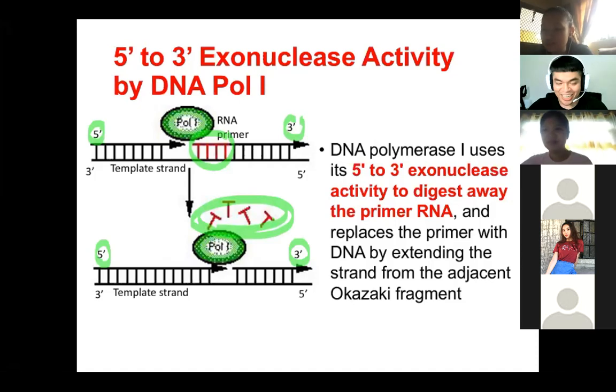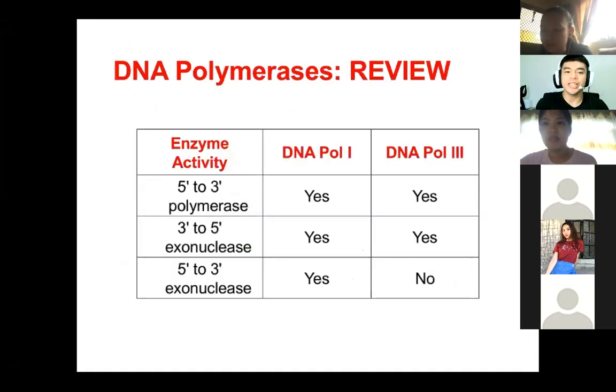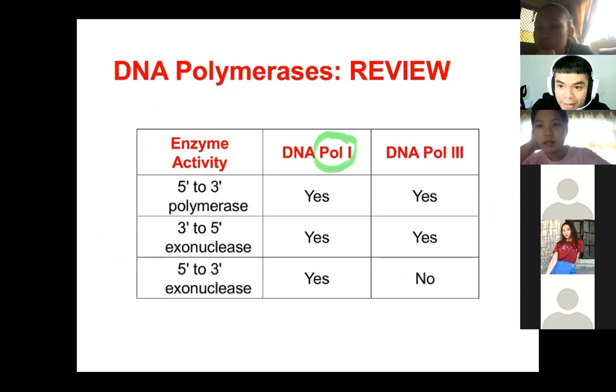Anyway, kidding aside, i-summarize natin. So in this table summarizes the enzymic actions of DNA polymerase 1 and 3. Number 1, for DNA polymerase 1, alalahanin nyo, meron ba siyang 5' to 3' polymerase? Yes.